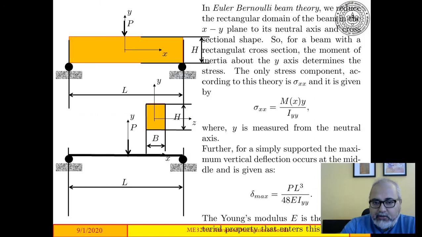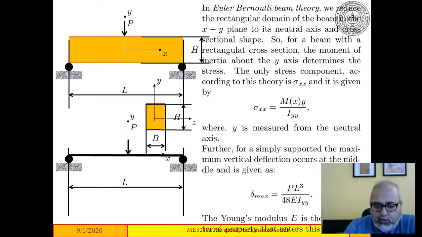So if you go back to the previous slide, it tells you that the stresses are in the x direction and they vary linearly with y, and they depend on the bending moment at that location x. So the stress basically varies with x as well as with y, but the variation with respect to x is just based on the bending moment that exists at a cross section at x.